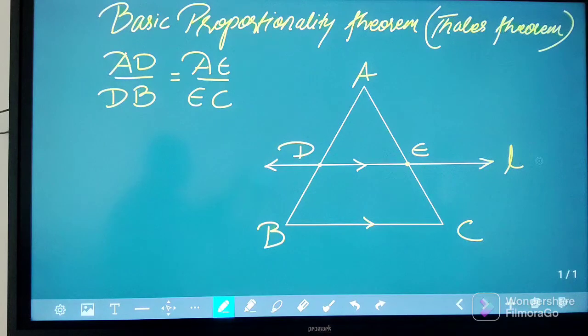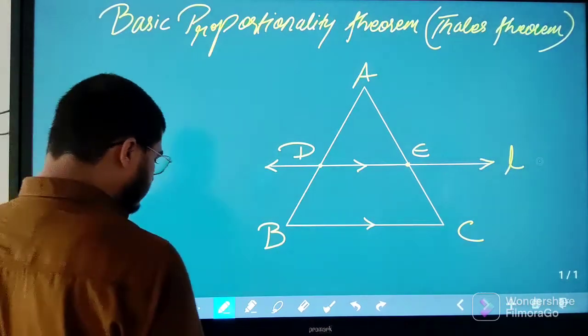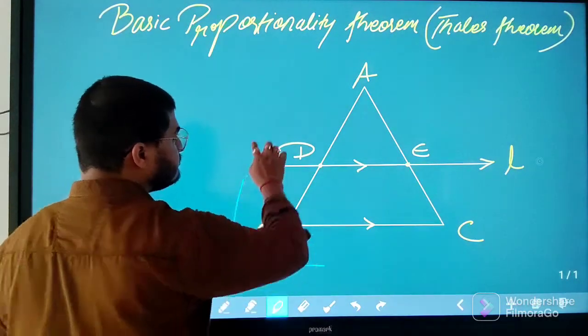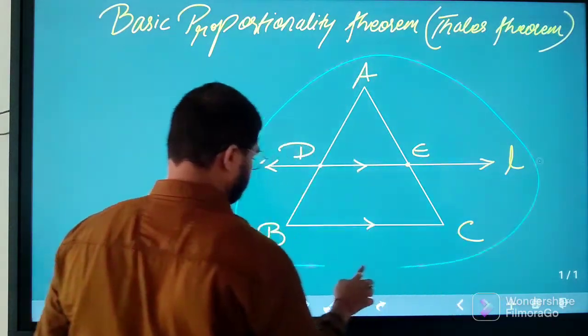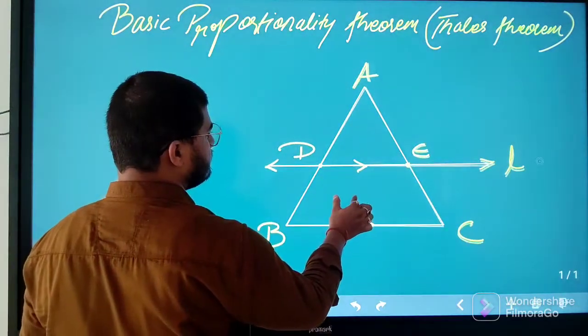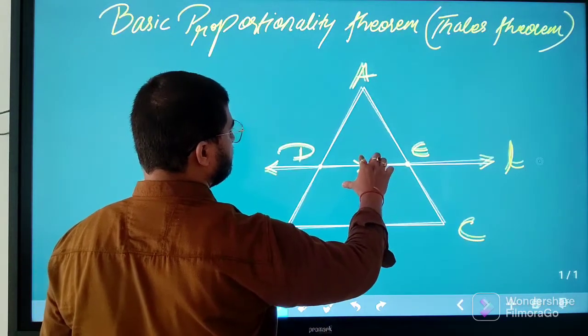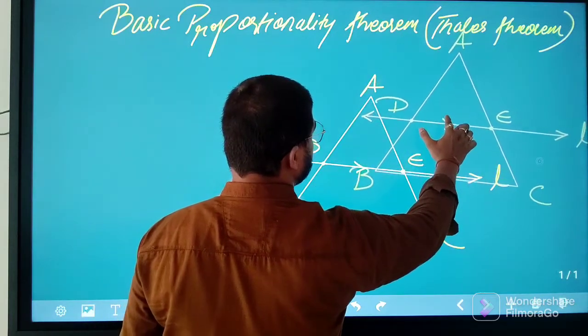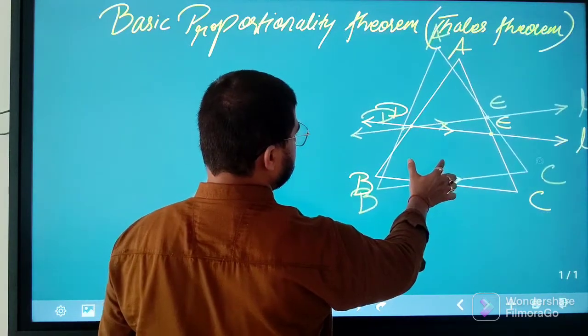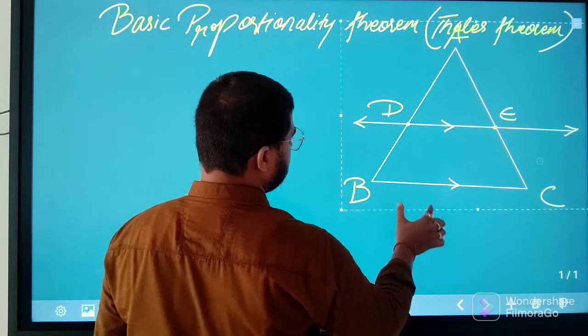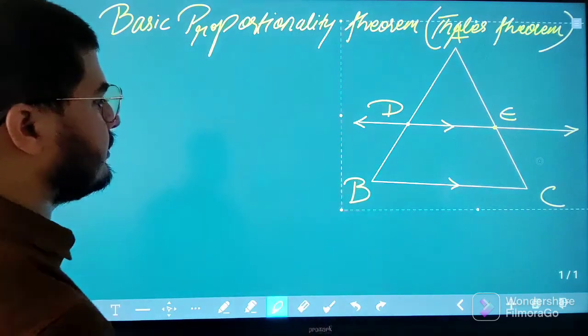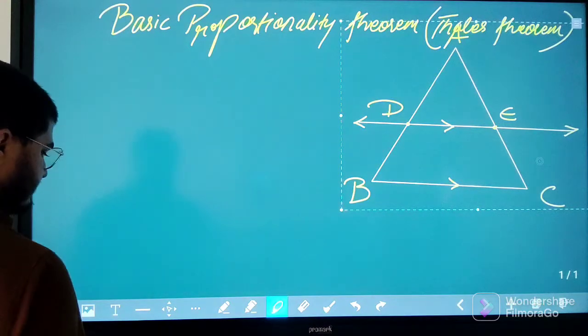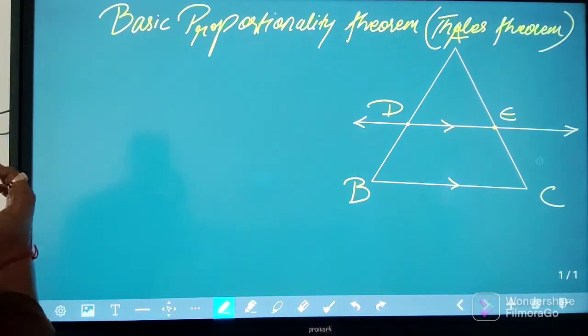Now we are going to prove how Thales came to this result. So let us see this in detail. So in order to understand this theorem, let's see how Thales got to that result.